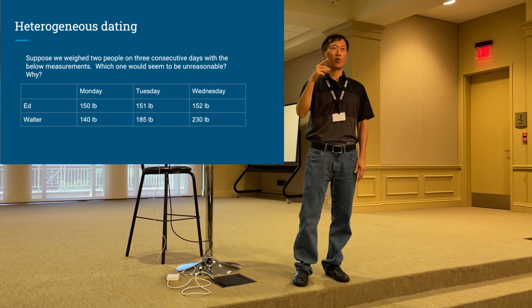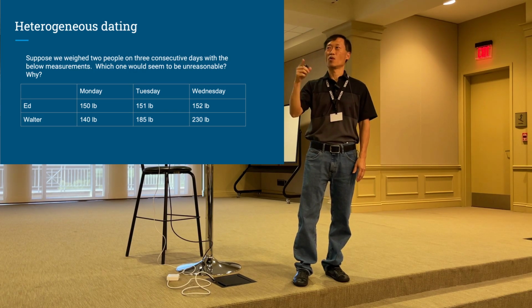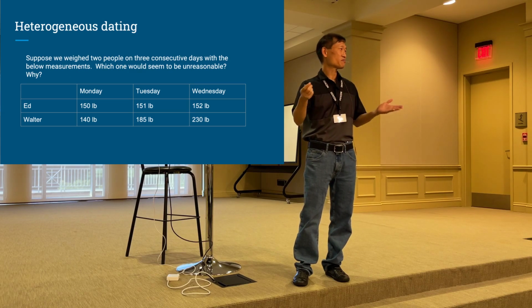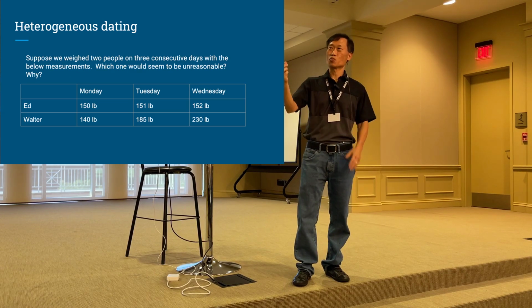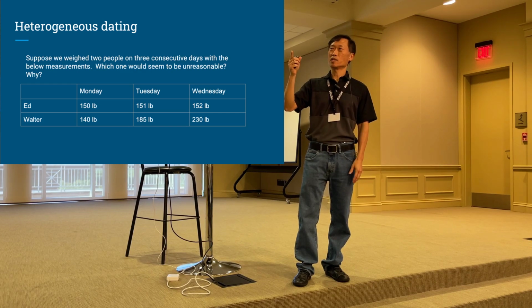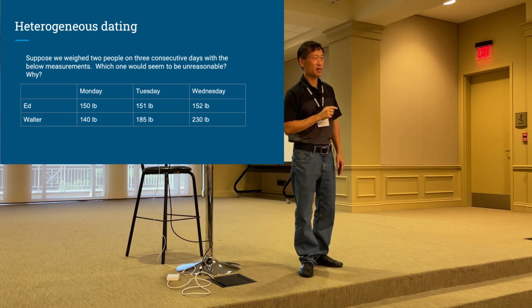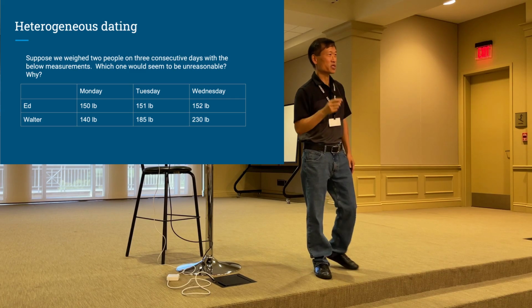On Tuesday, he weighs 151 pounds. On Wednesday, he weighs 152 pounds. Sounds reasonable. Let's weigh Walter. He weighs 140 pounds on Monday. On Tuesday, he weighs 185 pounds. And on Wednesday, he weighs 230 pounds. That sounds unreasonable, right?